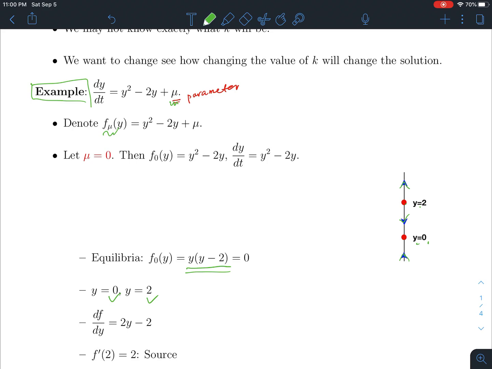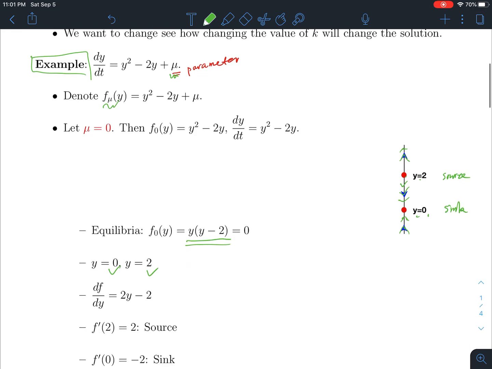Near the point 2, the arrows point away from it, so this tells us y equals 2 is a source. Around the equilibrium point 0, the arrows point towards it, so this tells us it is a sink.